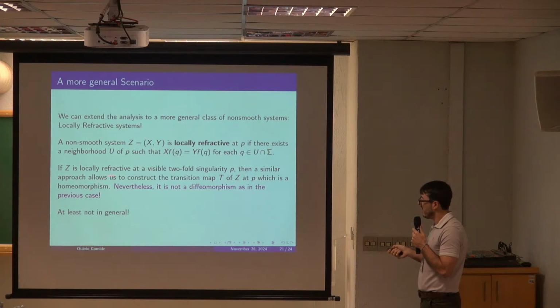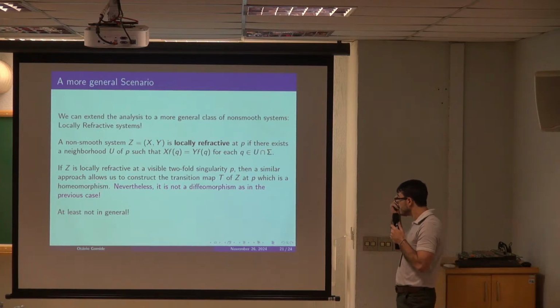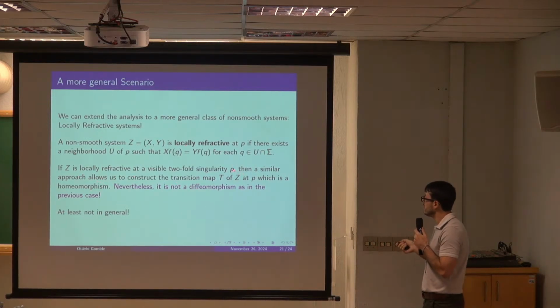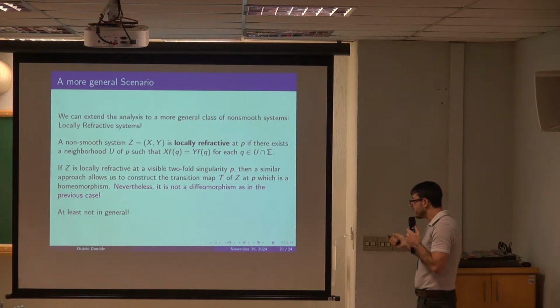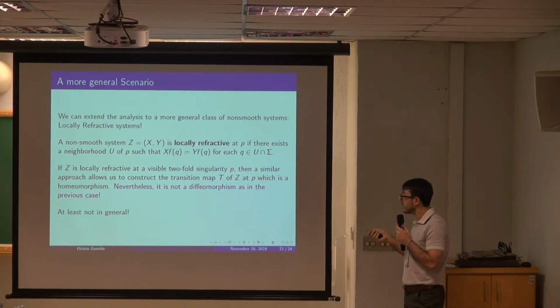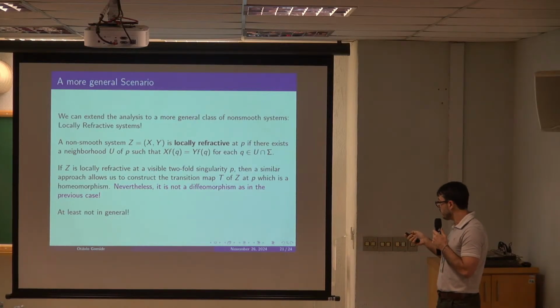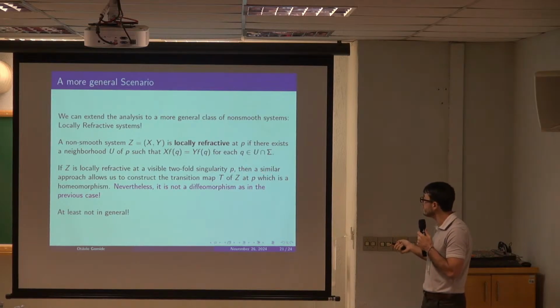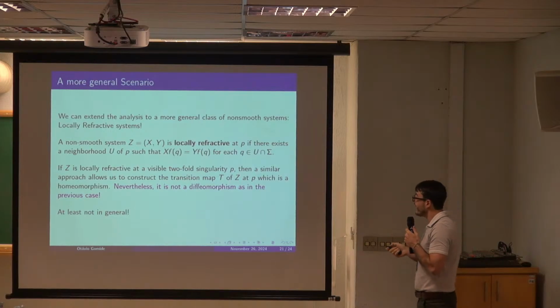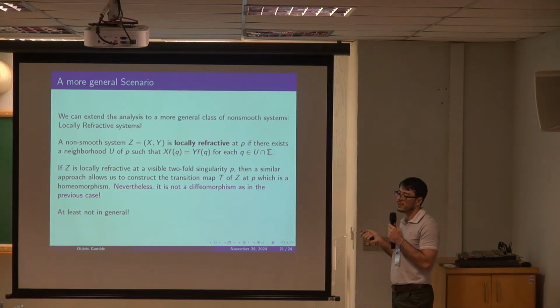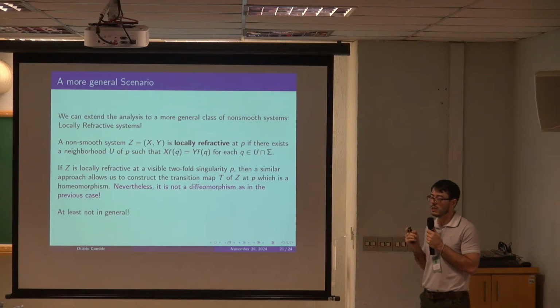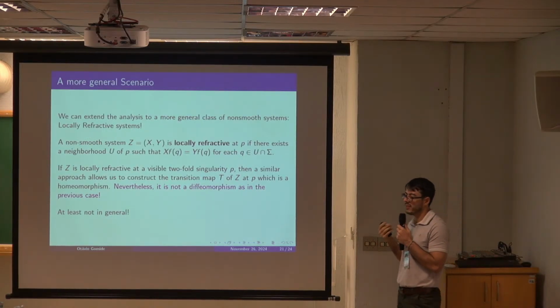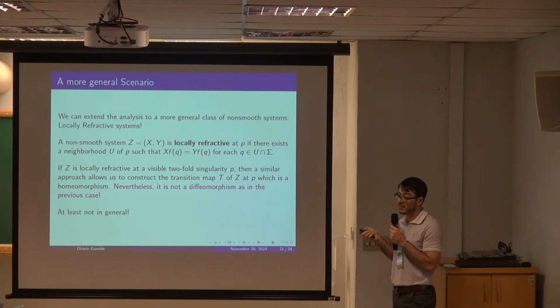When we have a locally refractive system at a visible two-fold singularity p, we can produce a similar approach that allows us to construct the transition map at this point. In this case, it is a homeomorphism. Nevertheless, it is not a diffeomorphism, so we don't have the property from the previous case, at least not in general.